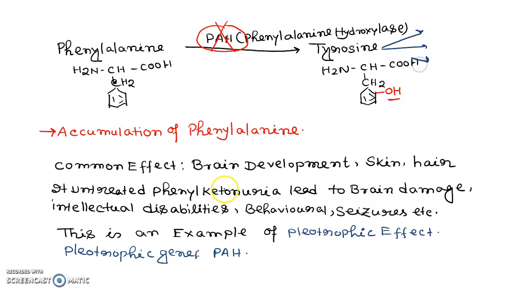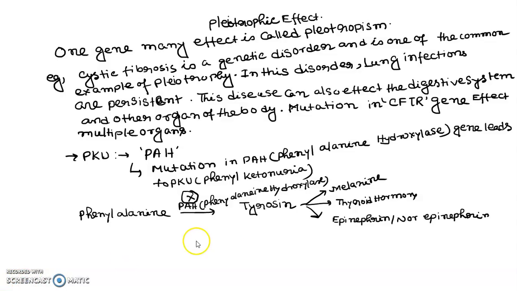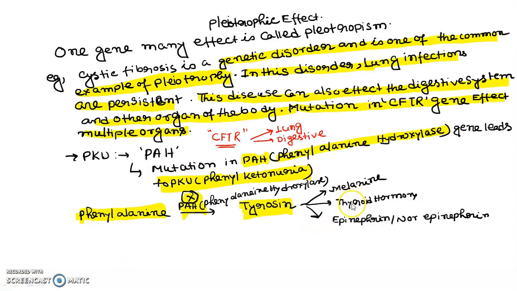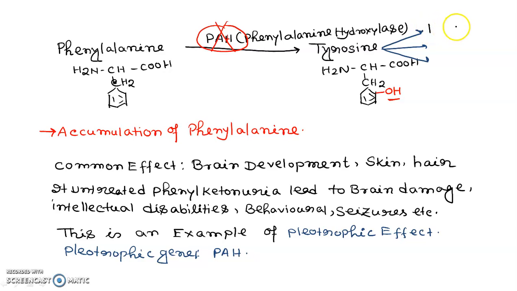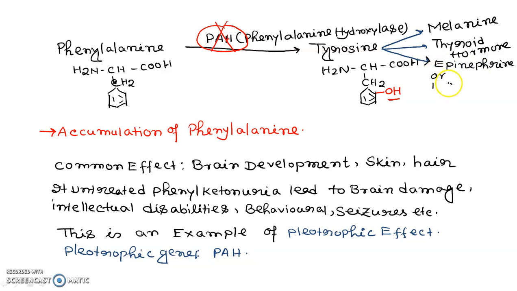Tyrosine is involved in the melanin synthesis pathway for skin pigmentation, thyroid hormone biosynthesis, and also in epinephrine and norepinephrine synthesis.